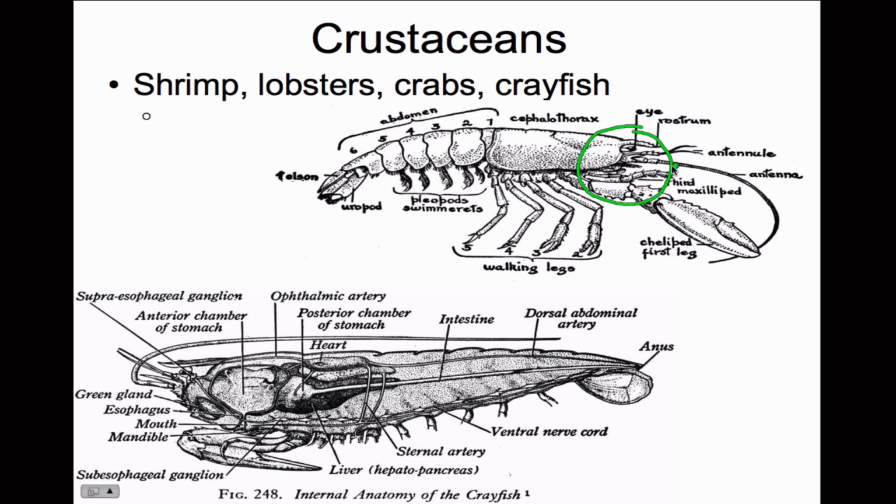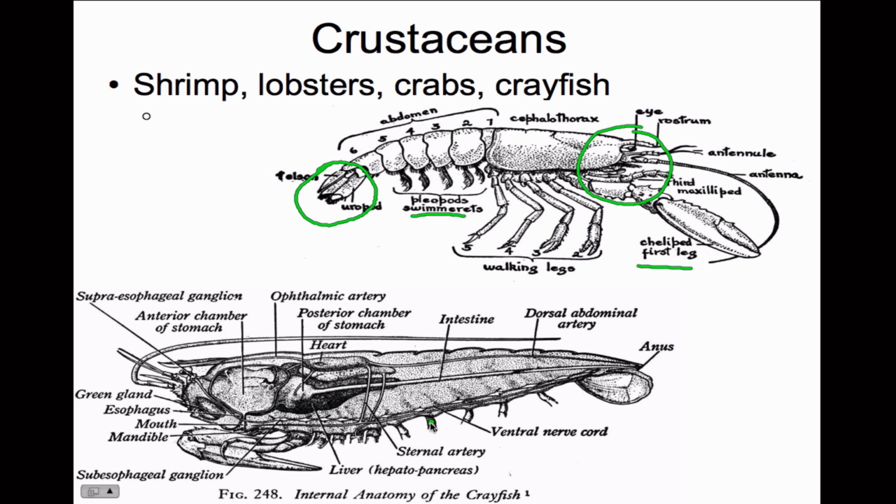They have an antenna, which is quite large. They have modified appendages. So this cheliped here is the first leg, so it's that largest appendage. They have walking legs, and then back here on this abdomen region, they have what's called swimmerets that help them move through the water. And then this very back part is called a uropod.